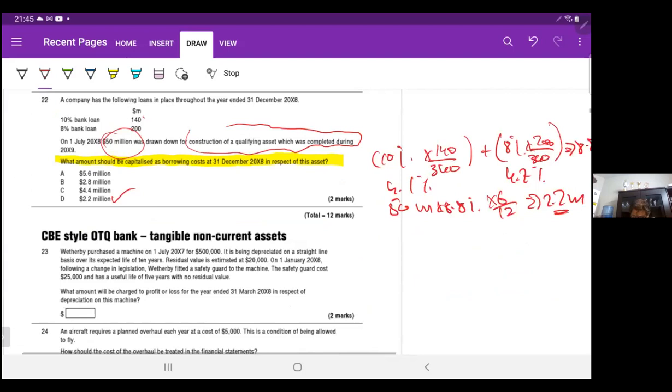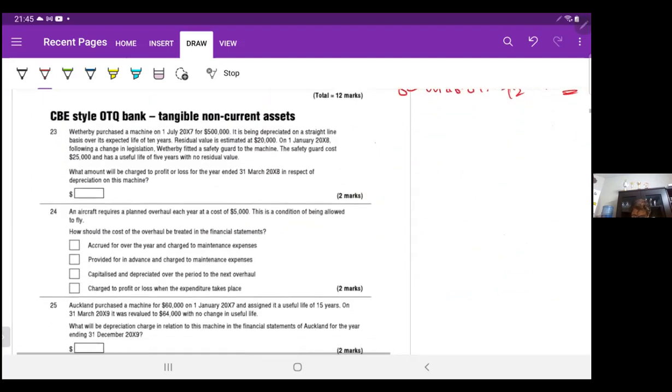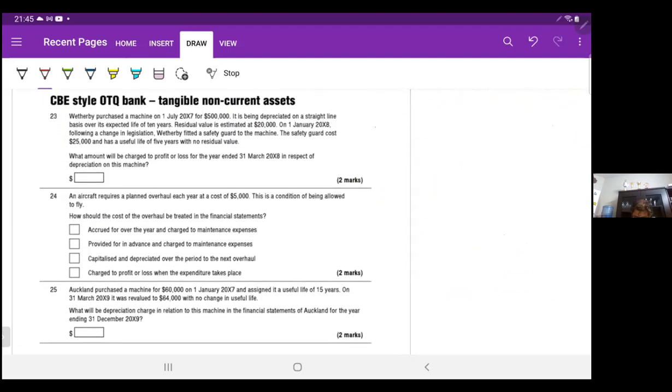Next question we have. A company purchased a machine on 1st July 2007 for 500,000. It is being depreciated on a straight line basis over its expected life of 10 years. Residual value is estimated at 20,000. On 1st January 2008, following a change in legislation, the company fitted a safety guard to the machine. The safety guard cost 25,000 and has a useful life of 5 years with no residual value.